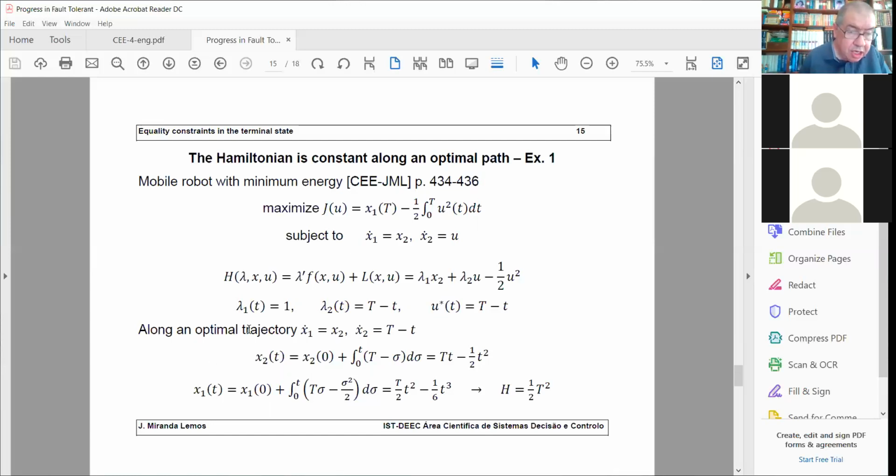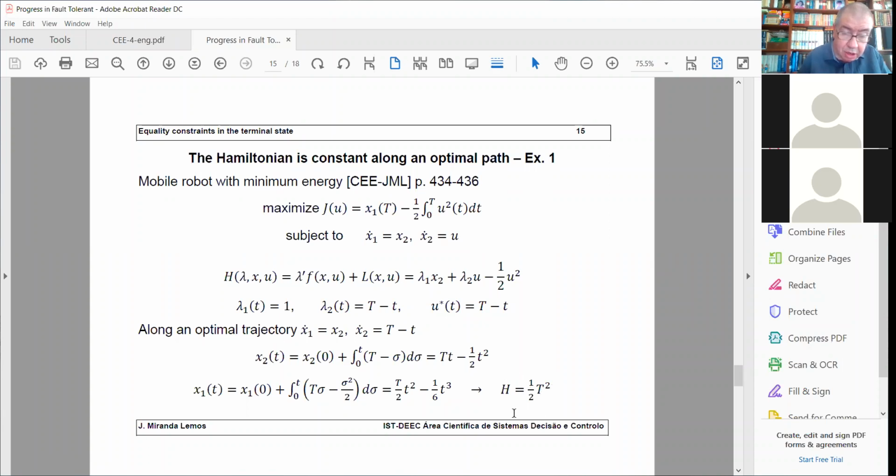And here you have the expression for the Hamiltonian, which is a quadratic function in u, lambda 1, and lambda 2, and the optimal control, which was capital T, the length of the optimization interval, minus current time t. Now, with this value of u, you can solve the equations to find x1 and x2, and you find that the Hamiltonian is actually one half of the final time squared.